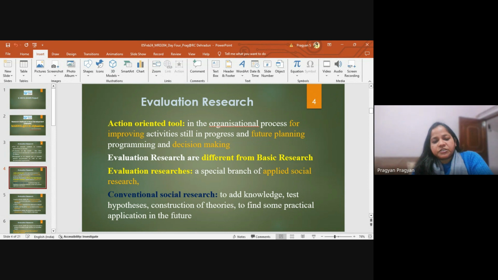In contrast to that, conventional social research methods are basically for the purpose of acquiring knowledge, answering those questions which are left unanswered or partially answered, and the construction of theory or the narrowing of the gap of knowledge is their main outset. So that is not the case with evaluation research.